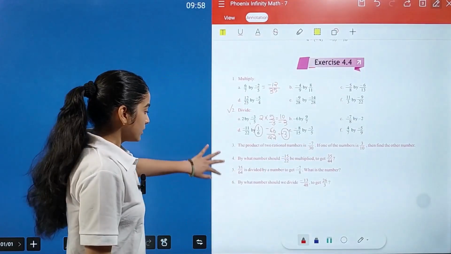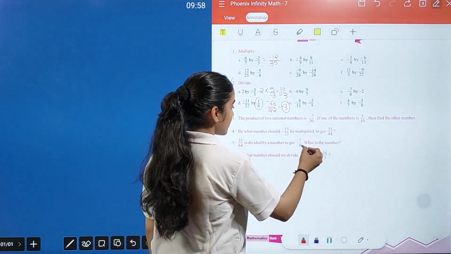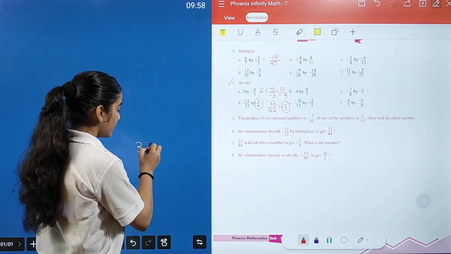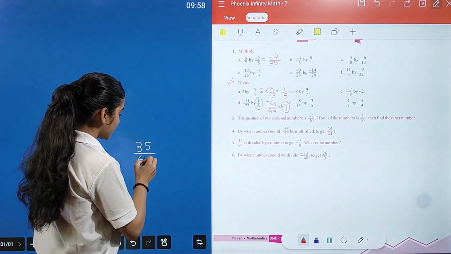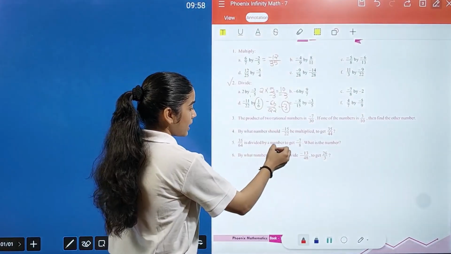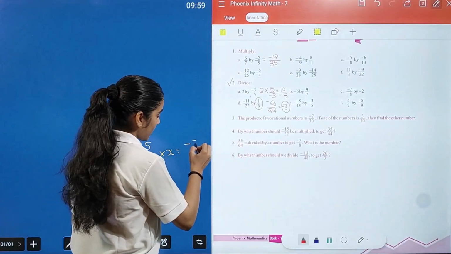Next we have 35 upon 64 is divided by a number to get minus 7 by 8. What is the number? So 35 upon 64 is divided by a number, I don't know the number, to get minus 7 by 8.